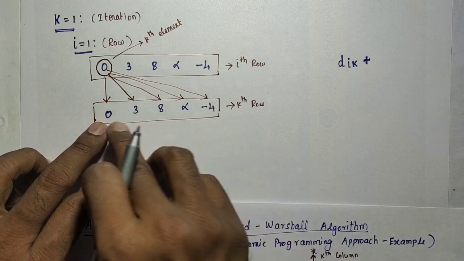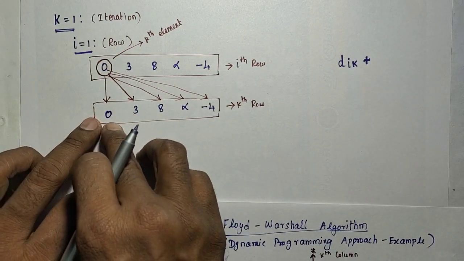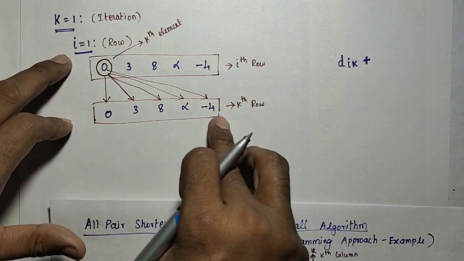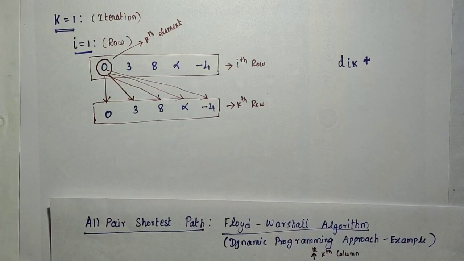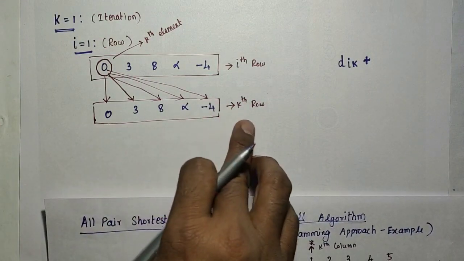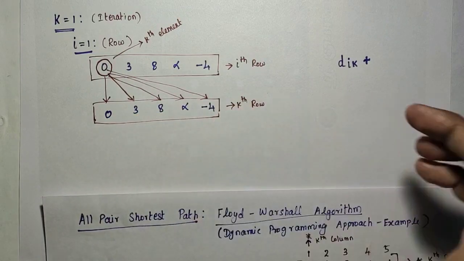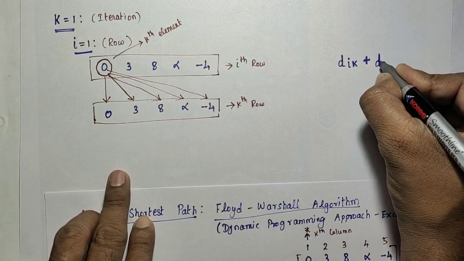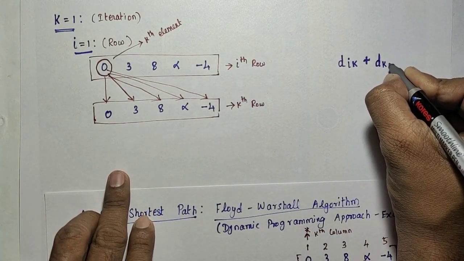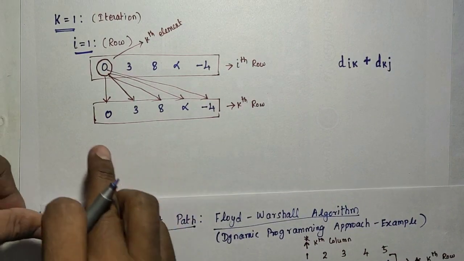And the jth column, where j equals 1, 2, 3, 4. That is the ith row. We use j to indicate the column. So in the kth row, jth column, 1, 2, 3, 4, 5, like that. This is going to be added with d, the kth row and then the jth column. So what are the new values?